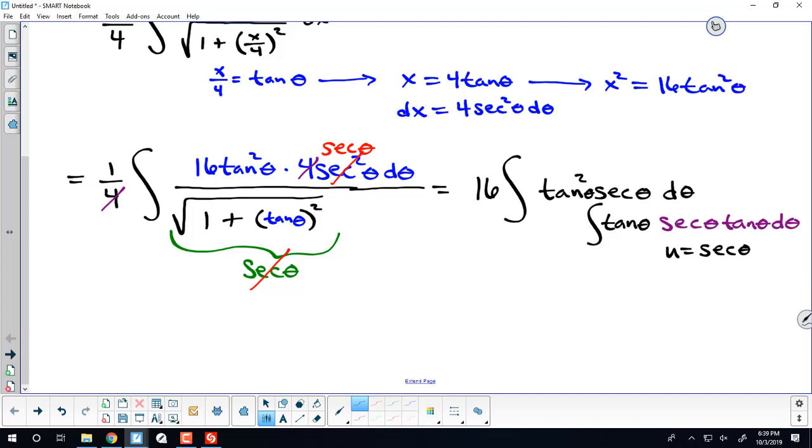That's not going to be helpful here because at the bare minimum we had a tangent squared left, so we could say tangent squared was secant squared minus 1 and write that in terms of u. That doesn't look promising, but worthwhile remembering those for sure.